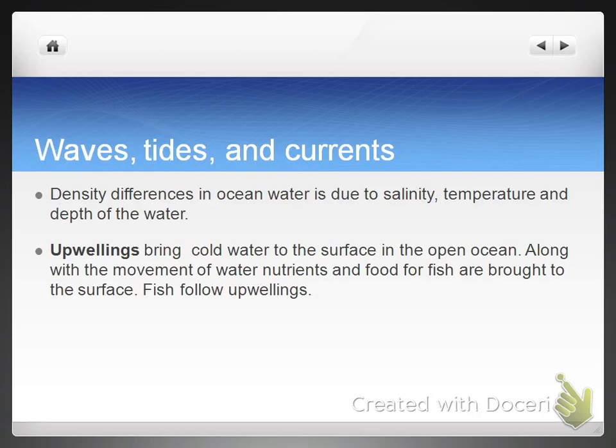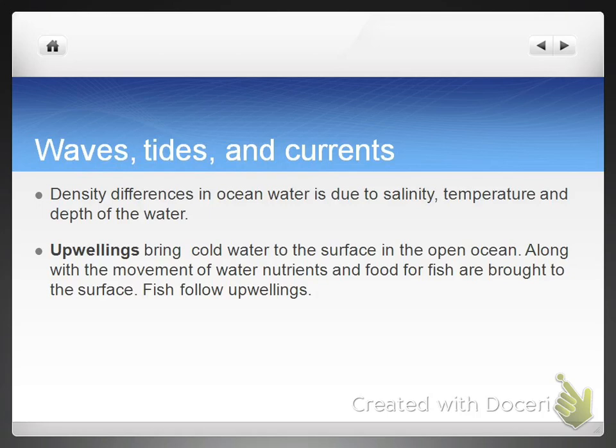And cold water is also saltier. The salt water sinks, and so that's another factor. And then depth. These deep water currents are going to be in your deeper waters because it is going to be colder because of the lack of sunlight.